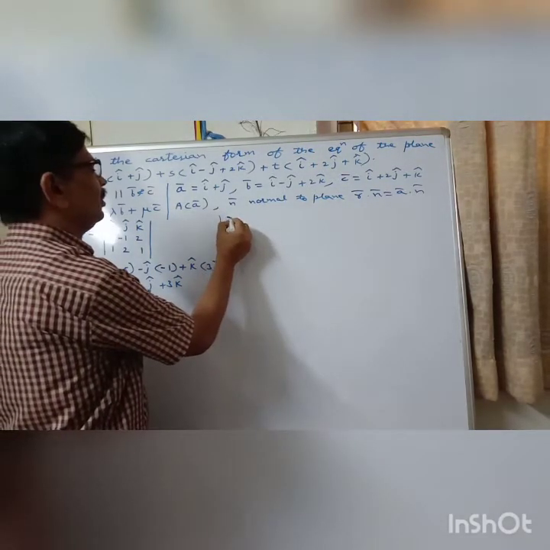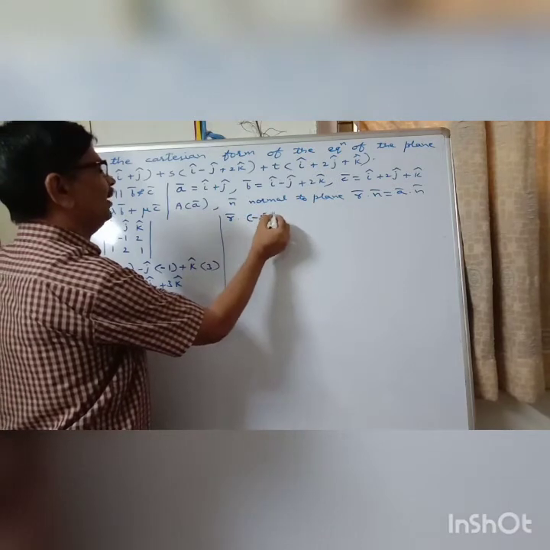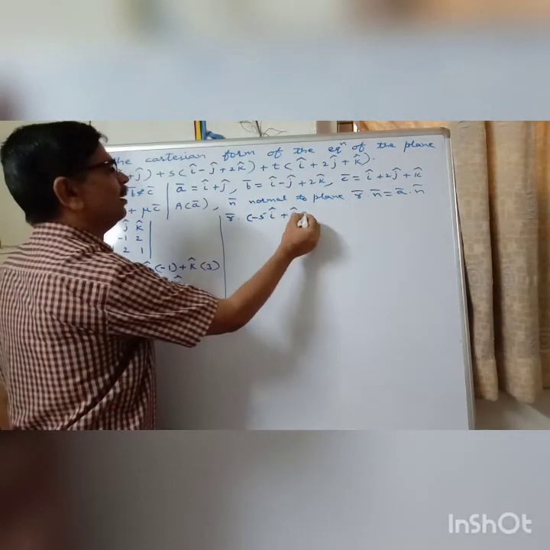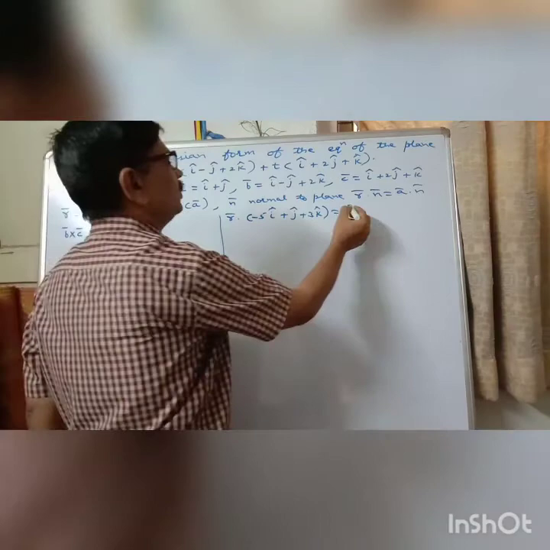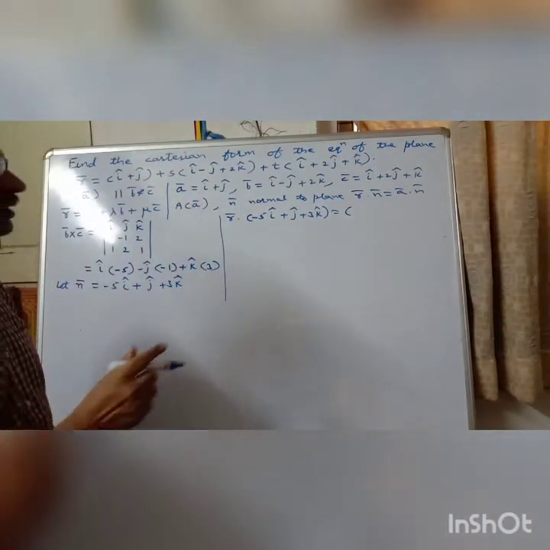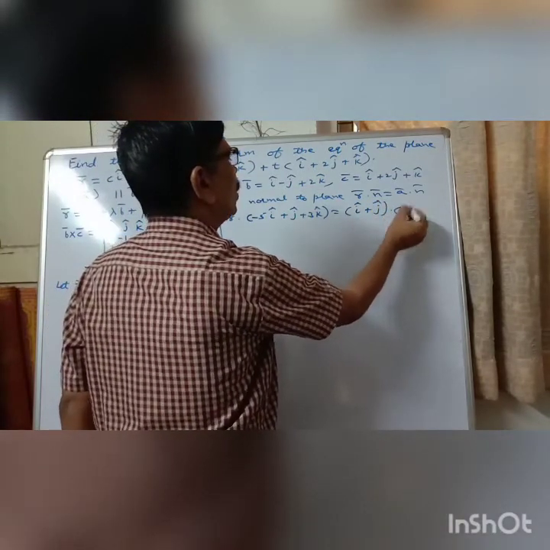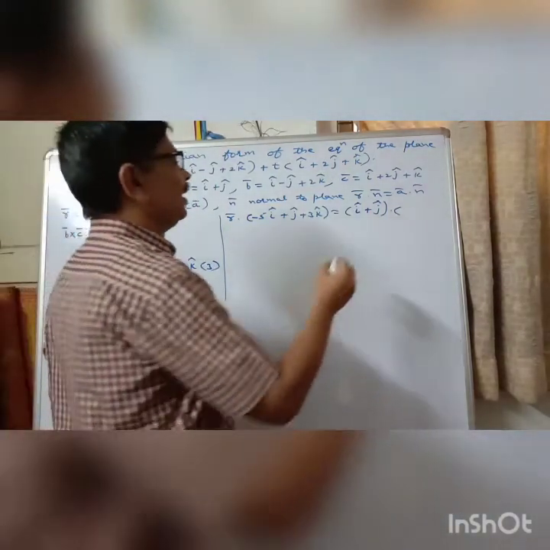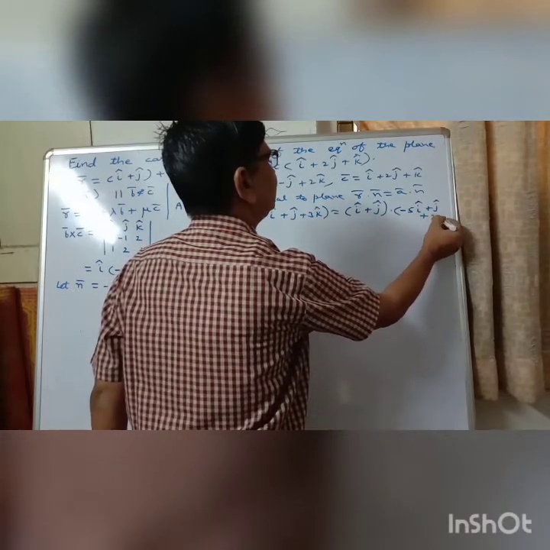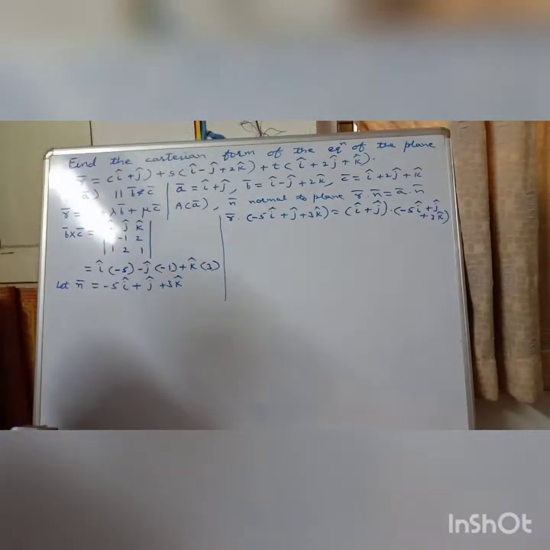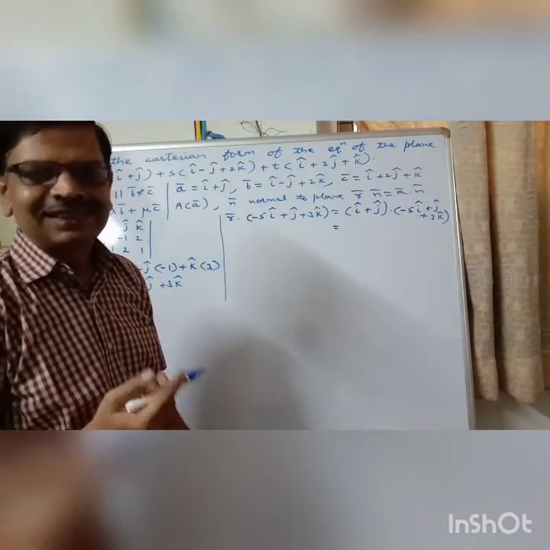So we get r bar dot in bracket -5i plus j plus 3k equal to, on right hand side, dot product of two vectors, a bar in bracket i plus j dot n bar in another bracket -5i plus j plus 3k. Dot product of two vectors is a scalar quantity.